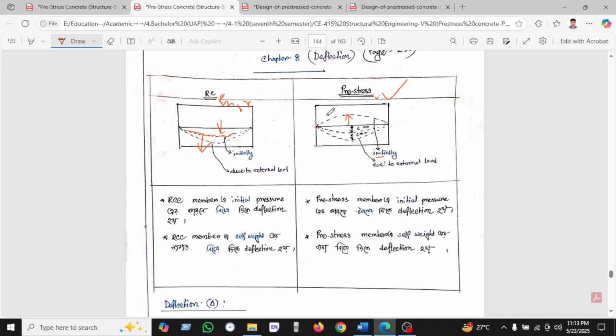After we impose the external load, it goes downward.